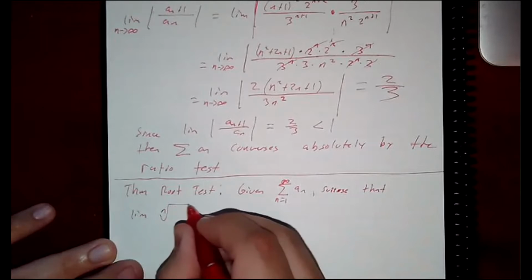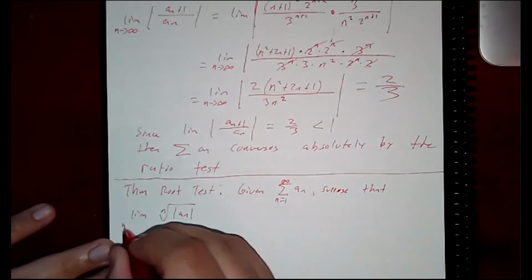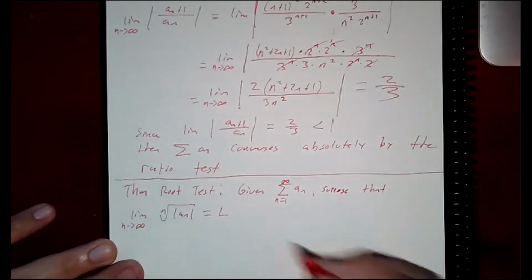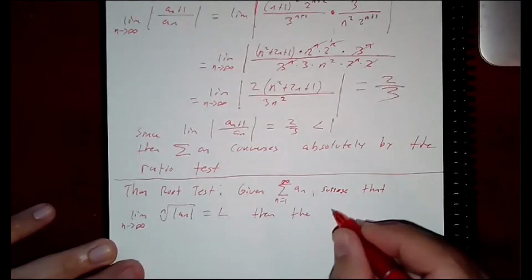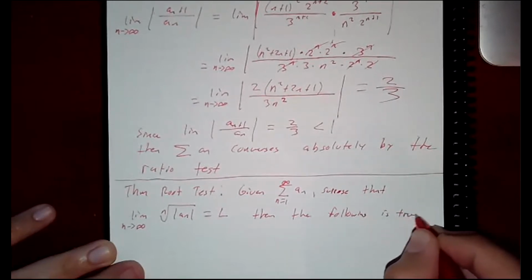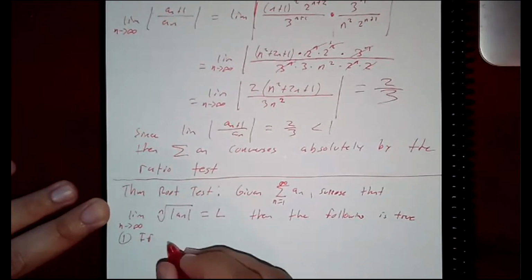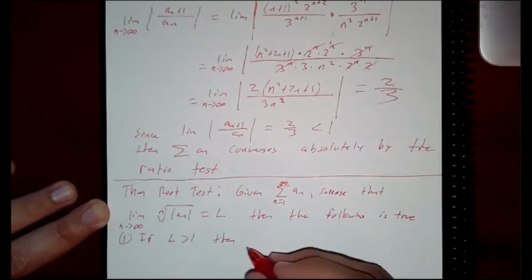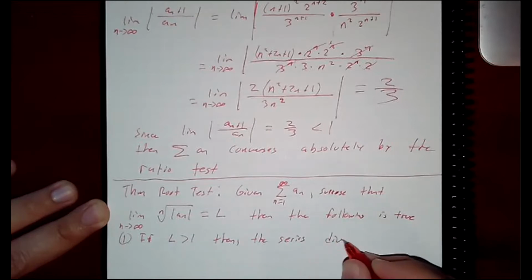of the nth root of a_n as n goes to infinity is equal to L, then the following is true. Number one, if L is greater than 1, then the series diverges.